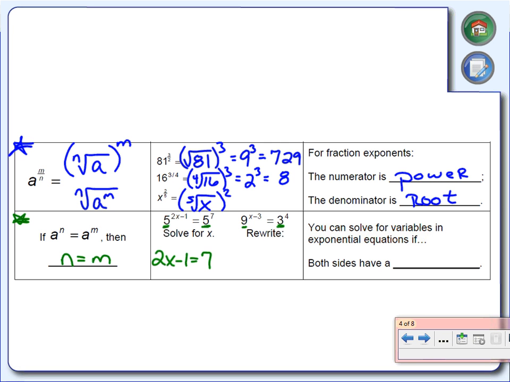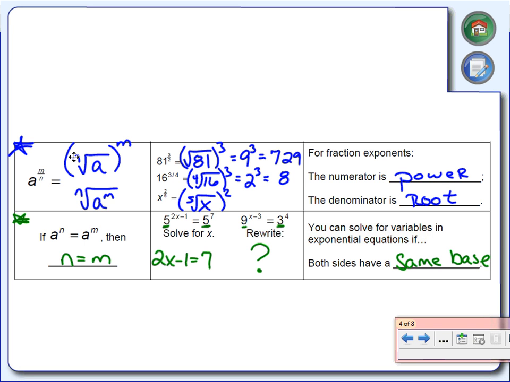And that's because this is a 9, this is a 3. We'll talk about what to do tomorrow. I don't want to get too far ahead, so we'll talk about that tomorrow. So over here it says you can solve for variables in the exponential equation if both sides have the same base.